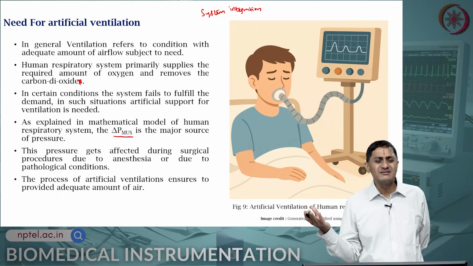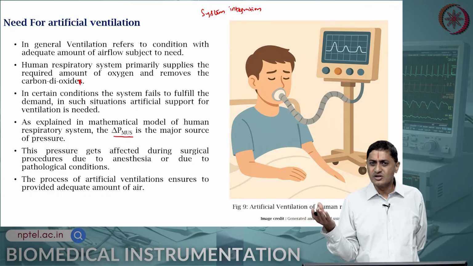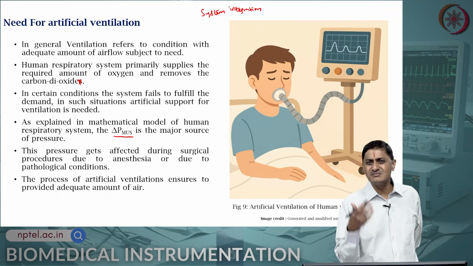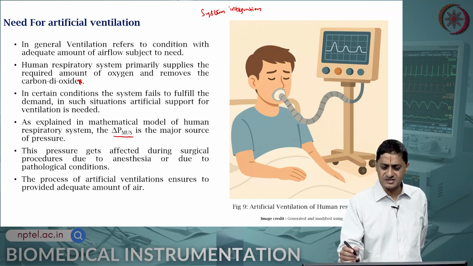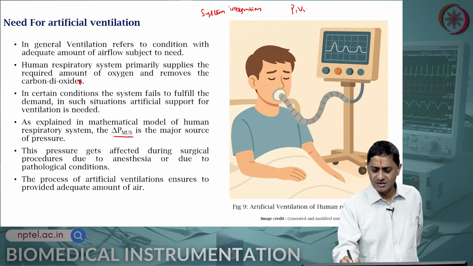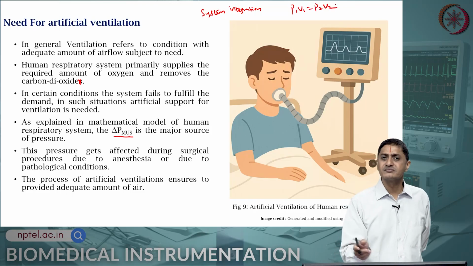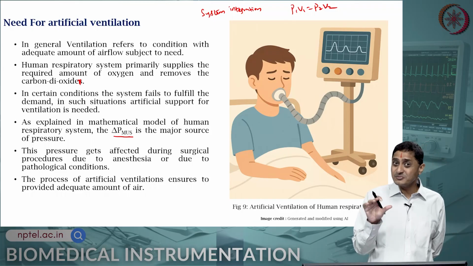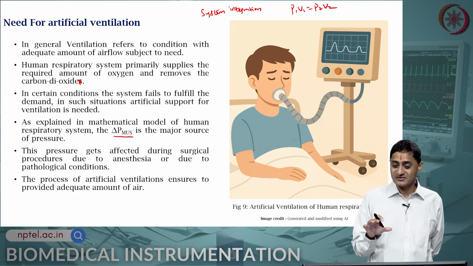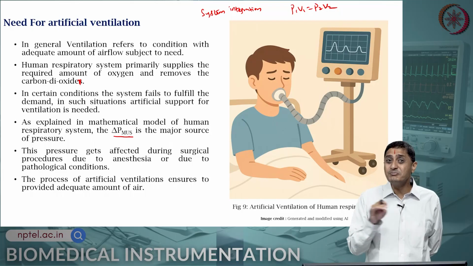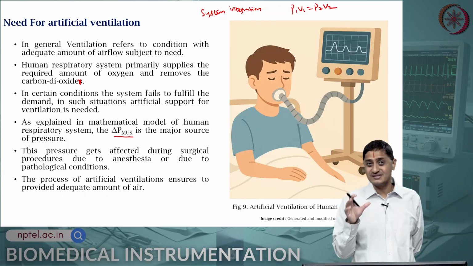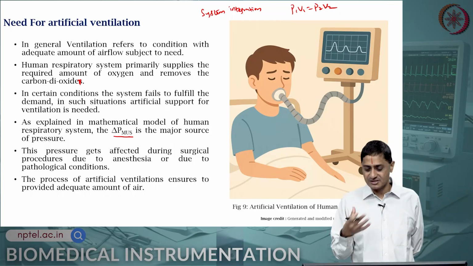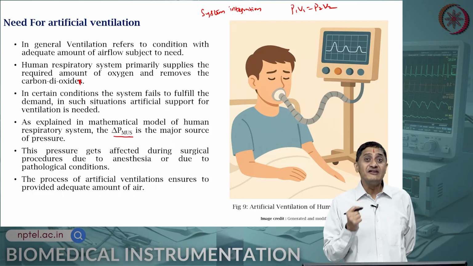For example, what is the law that is controlling gas exchange? Essentially it boils down to high school physics, is it not? P1 V1 is P2 V2 type of laws. These are quite basic, but biological processes in the respiratory system balance that using multiple feedback loops. That is an excellent example of system integration that we as biomedical engineers can pick up.